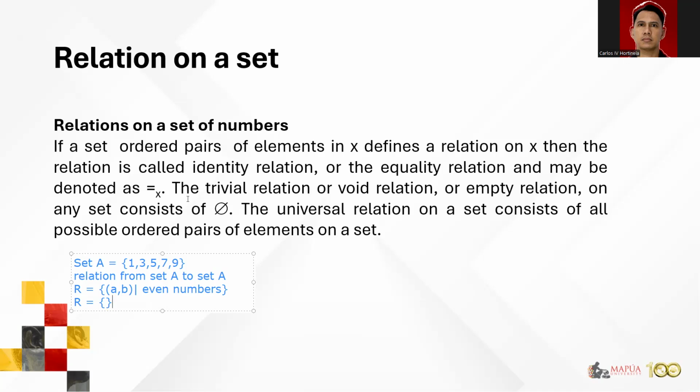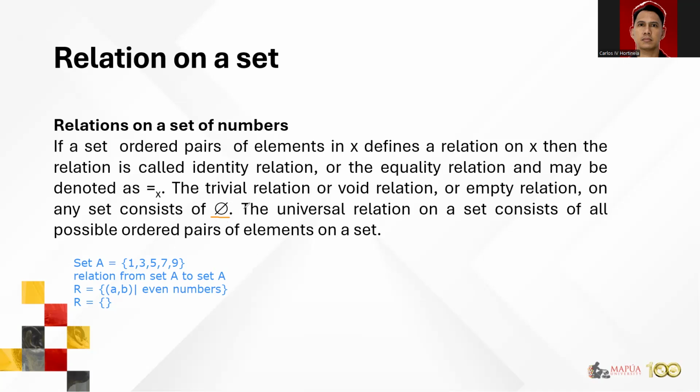So it is called a trivial relation, void relation, or empty relation, which basically is a relation that consists of no elements. Got it? Which can also be represented based on the symbol applied on our sets, which is this, which is called the empty set.